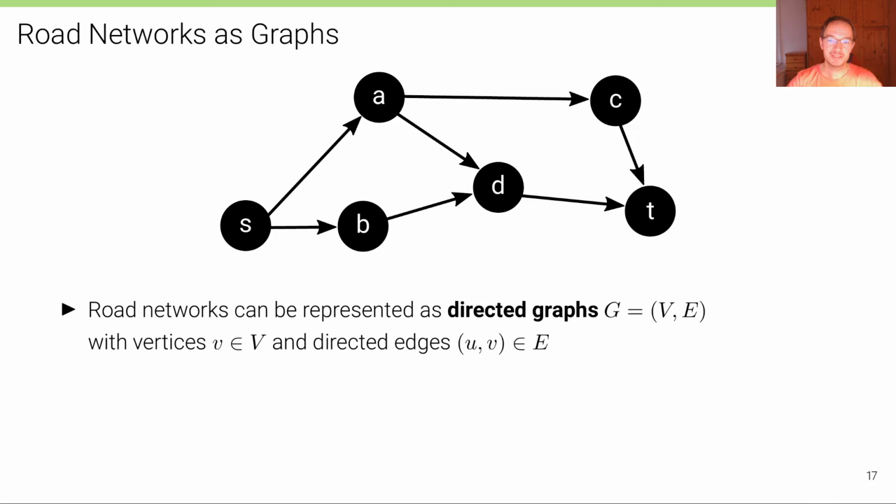So it's basically just two sets, a vertex set and an edge set, where the edges correspond to road or lane segments depending on the granularity we are modeling.